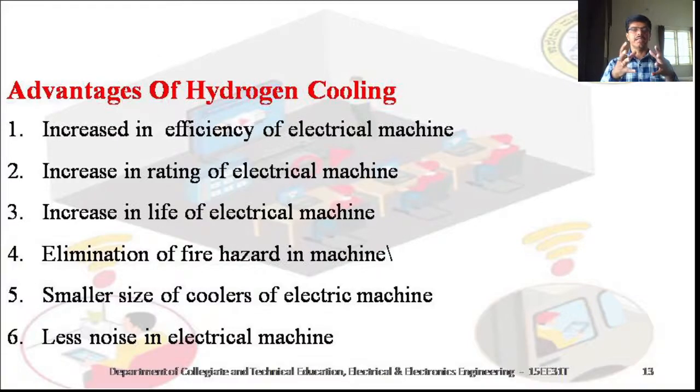Automatically, as the efficiency and the rating increase, the life of the machine also increases. Hydrogen has a better cooling property, so it eliminates the fire hazard. Also it can be used for smaller size coolers of electric machines, and the noise will be very less.